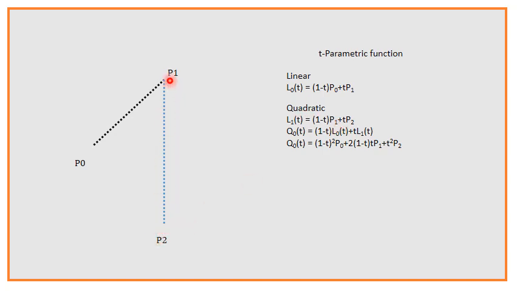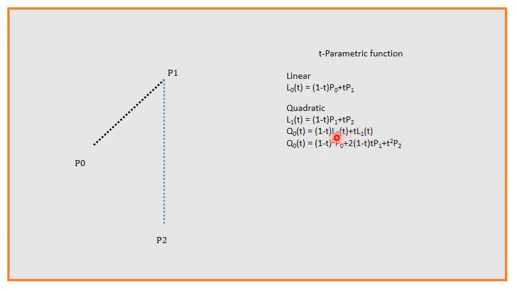Here the starting point will be considered as P1 and P2 for considering only this line, and by interpolating L0, line 1, and L1, line 2, we get the quadratic equation Q0 of t. The quadratic equation will be 1 minus t times L0 of t plus t times L1 of t.